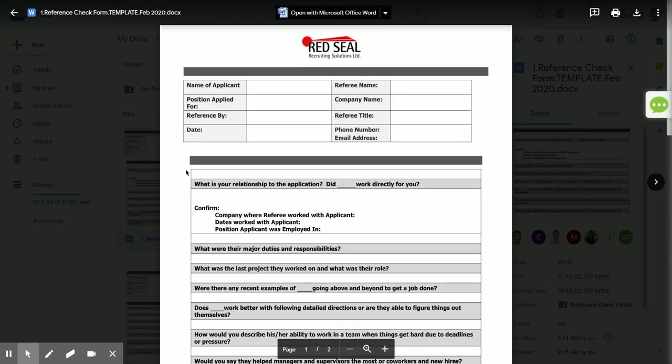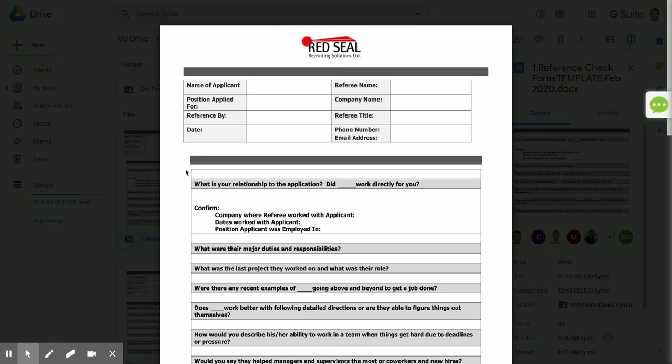And we always use templates at Red Seal Recruiting, so we're not having to start from scratch. And here's just a general one. I really like to start by figuring out who the reference check is for and who's doing the reference.